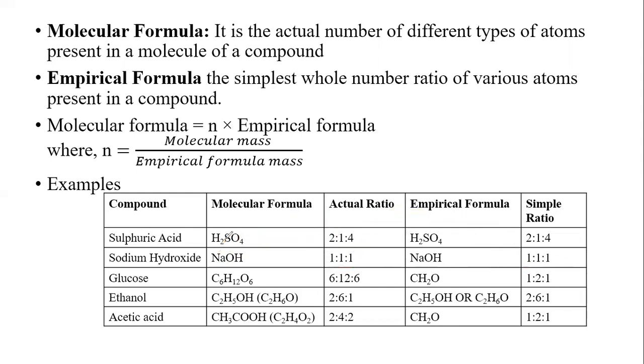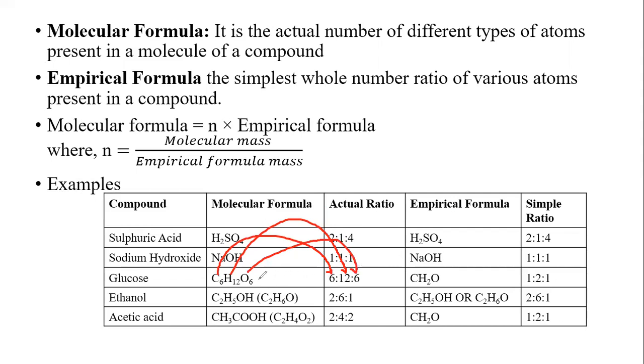But taking the example of glucose, we know glucose is C6H12O6. So carbon is 6 in number, hydrogen is 12 in number, and oxygen is 6 in number.